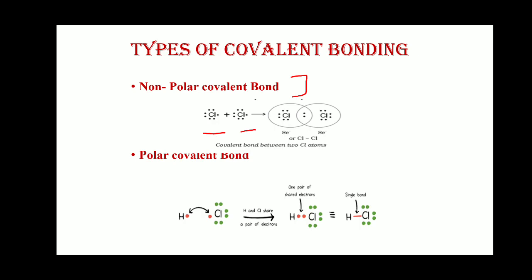If there is a difference in electronegativity between two atoms, then you can say it is a polar covalent bond. But if there is no difference in electronegativity between these two atoms, then you can say it is a non-polar covalent bond. So in non-polar, there is no difference in electronegativity and the electrons are shared equally, and in polar covalent bond there is a difference in electronegativity between the two atoms and the electrons are shared unequally.